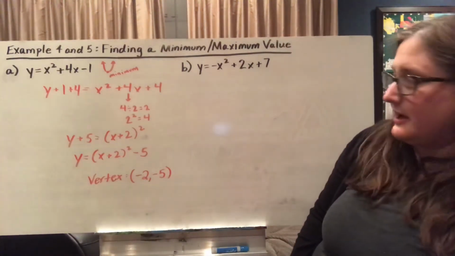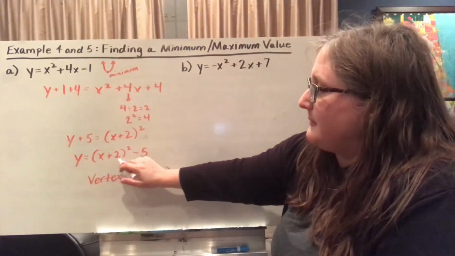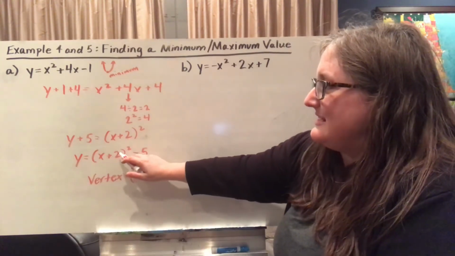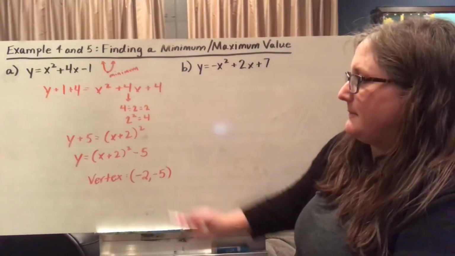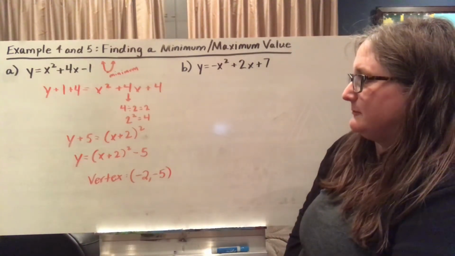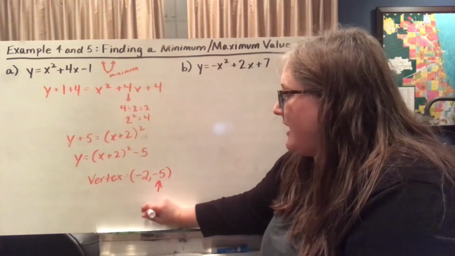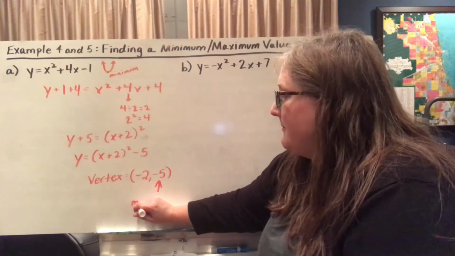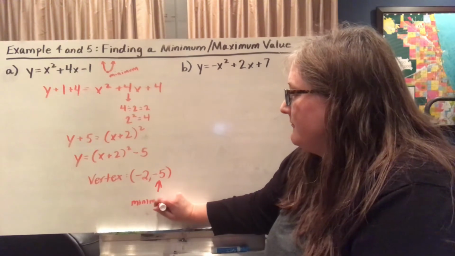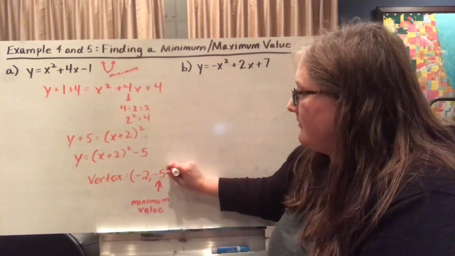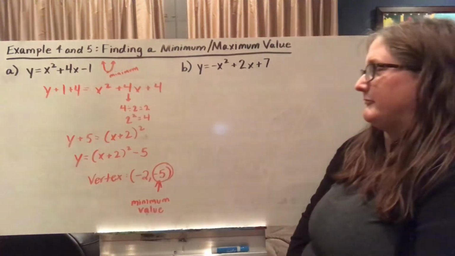And I get that because, remember, it's x minus negative 2, so it's negative 2, and minus 5, so my y value is minus 5. So this right here is our lowest point. Negative 5 is our minimum value. So that one's our minimum value.